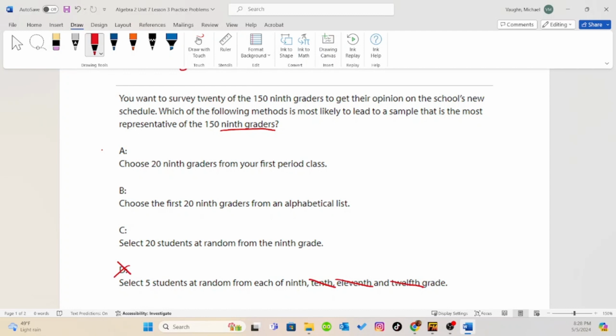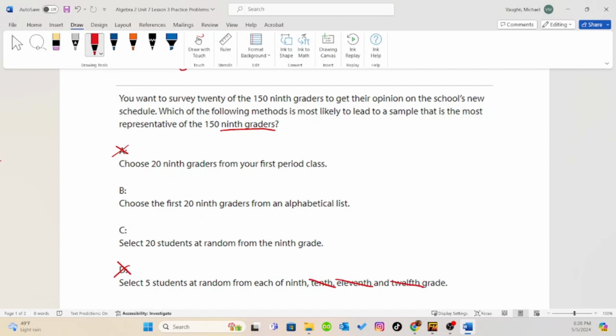So this is specifically picking them from one class, not the entire population as a whole. And it is only selecting students who actually showed up on time to be in first period. So we would not say that A is the most representative.